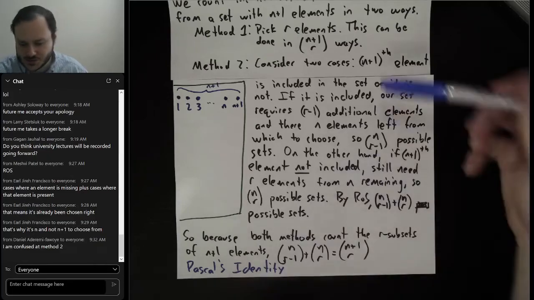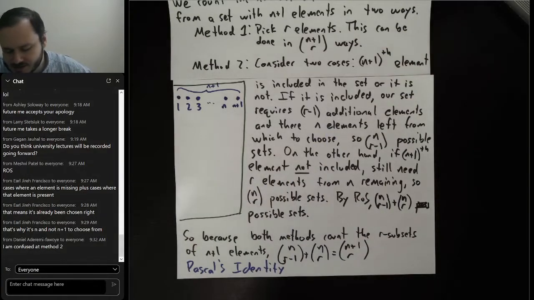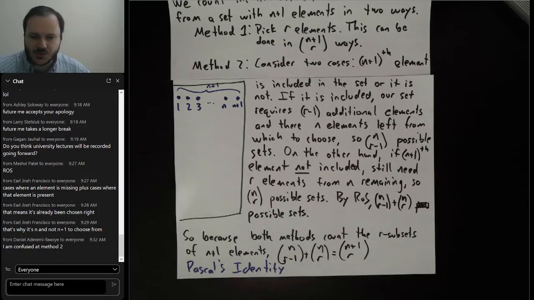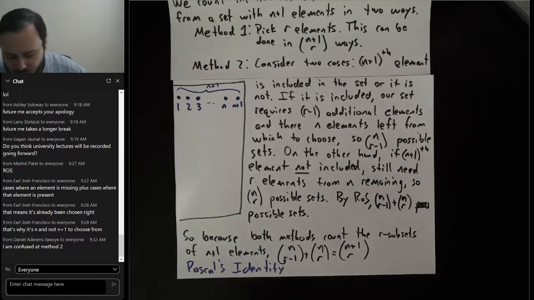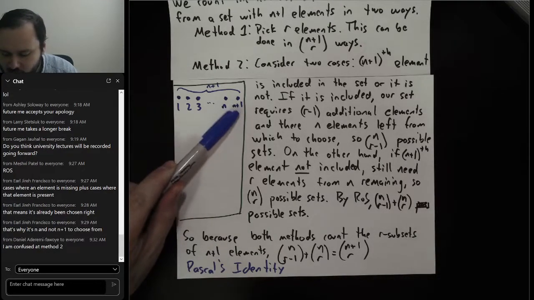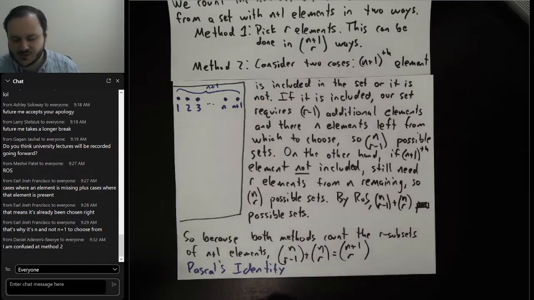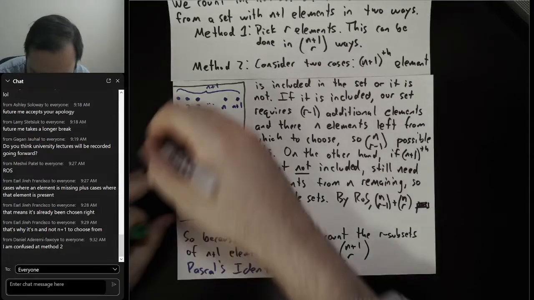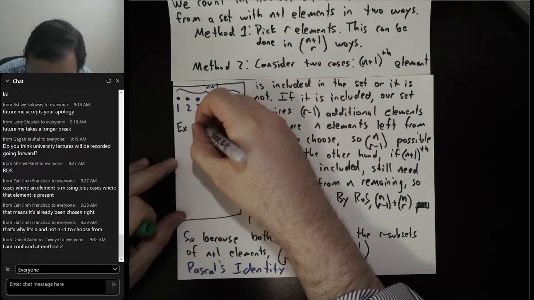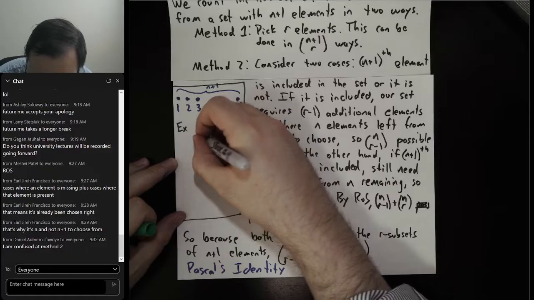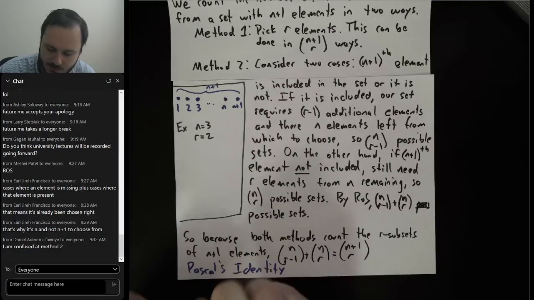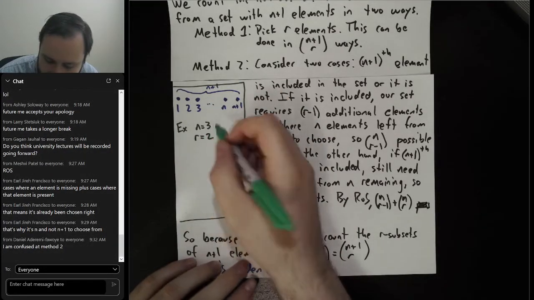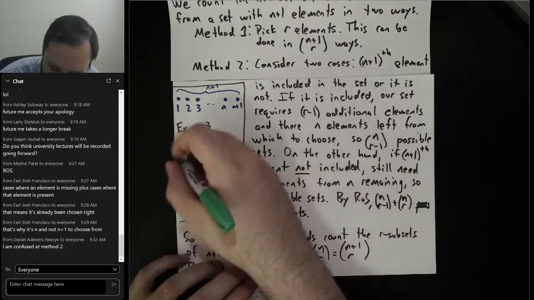So method 1, just for completeness, I've got n plus 1 things. I choose r of them. That's my set. For method 2, I'm considering two different cases. There's a case where my set does contain n plus 1, and there's a case where it doesn't. So, for example, if n was 3 and r was 2, some of my sets will contain 4, right?